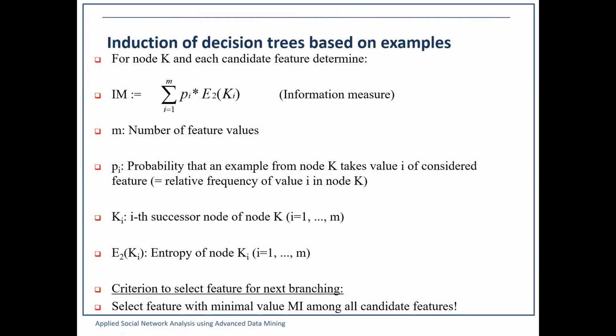And there is still an error on this slide. Where's the error? The M and the I have to be switched. Very good. So IM has been introduced here as information measure. At the bottom, it's MI. That's still Spanish.